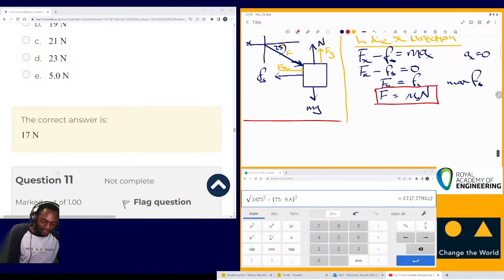Now let's look at the y direction. In the y direction, let's look at the forces that we have.